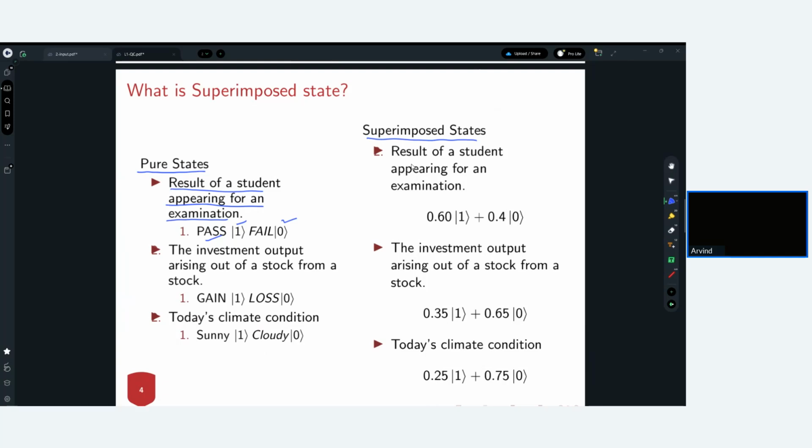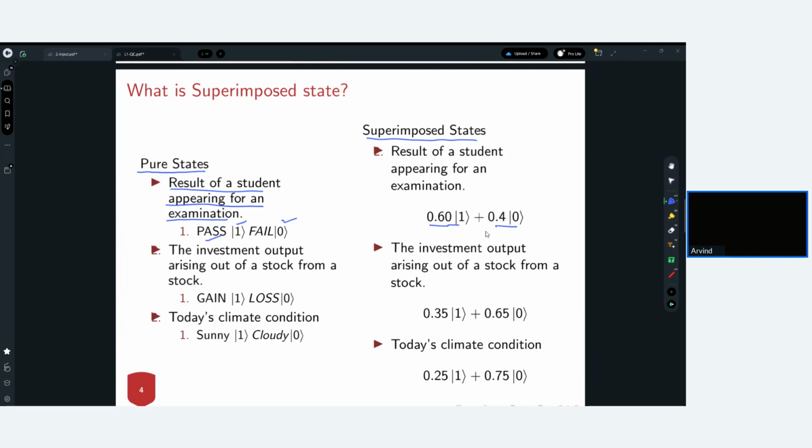In case of the superimposed state, let us think that an examination is going to be conducted and the student is appearing for it. The result is not yet out. It is expected that there is a 60% possibility that the student may pass the examination, and 40% is the probability that the student may fail.